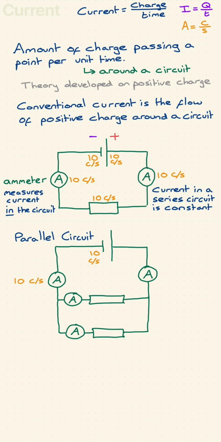So we will only have 5 coulombs passing this ammeter every second, and 5 passing the resistor too. And 5 passing this ammeter every second, and the same 5 passing this other resistor. At the other junction, the current combines again, so we get 10 coulombs passing this final ammeter, and 10 coulombs reaching the cell.